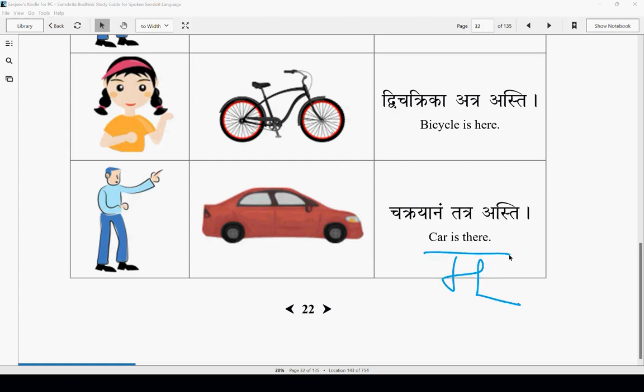Actually, when we are reading this, we read ma, which is fine. Chakrayanam tatra asti. But just to be consistent, I use the anuswara everywhere in a sentence instead of ma. But feel free to use ma while pronouncing Chakrayanam tatra asti, because we are taking a pause after Chakrayanam.